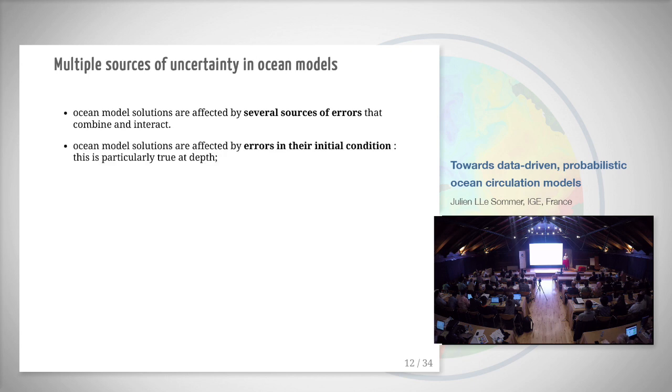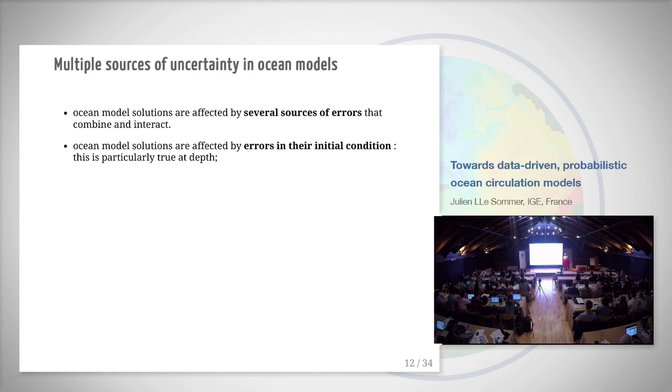And the first of them is obviously the fact that we don't know the state of the ocean. We don't know what the ocean really looks like, even at the scale that we want to prescribe the model at. So even in boxes of 100 kilometers times 50 meters, we don't know exactly how the ocean is. So there's an error there.